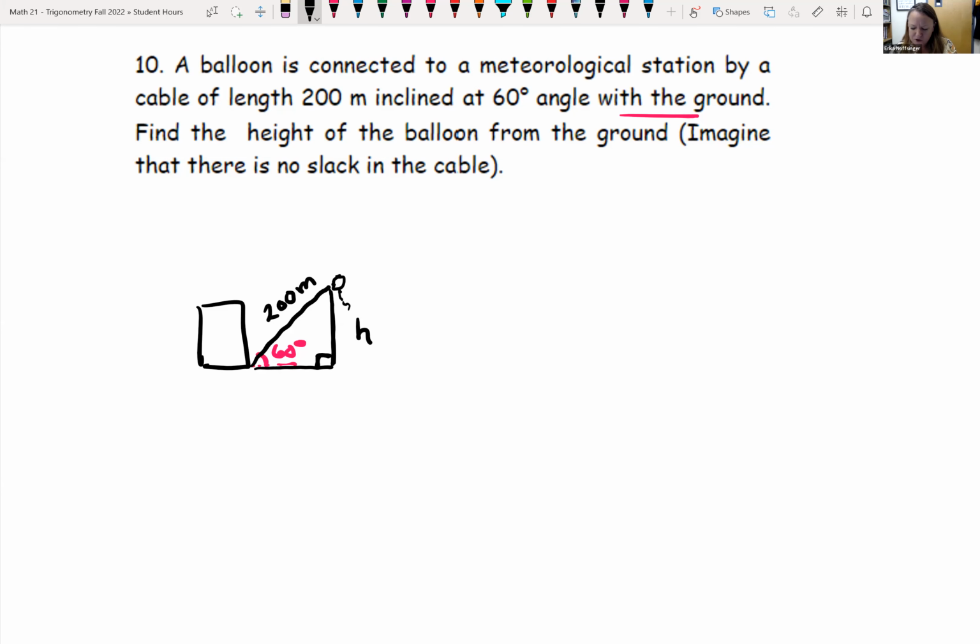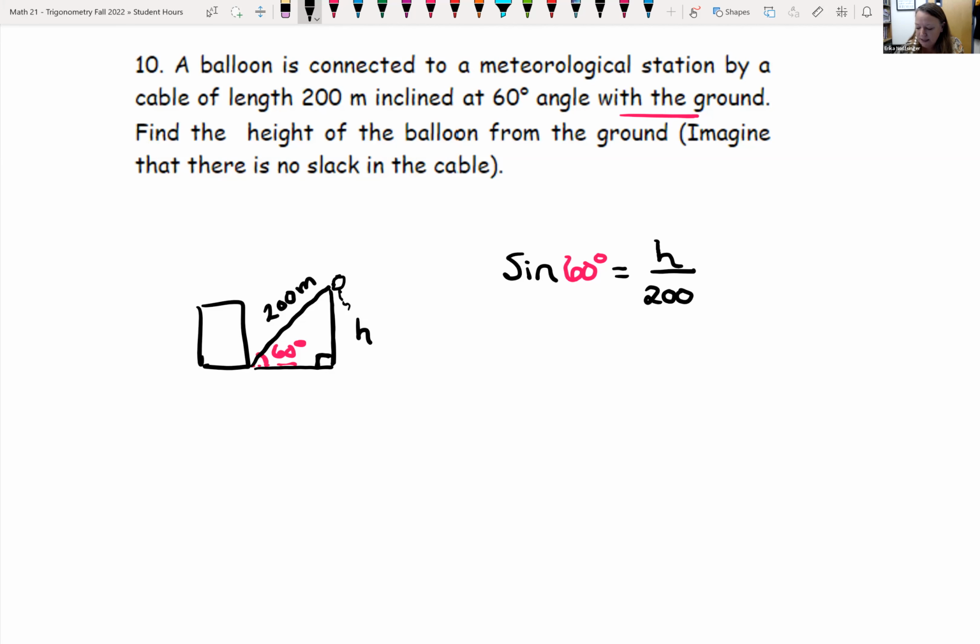So form our right triangle. From our angle that we know, we have the hypotenuse, we want the opposite. So thinking to yourself, what uses opposite and hypotenuse? Sine. So we can look at sine of our angle, 60 degrees, is equal to the opposite side, which is h, all over the hypotenuse, which is 200.